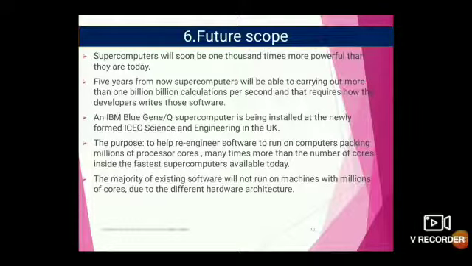Well, what is the future scope of supercomputers? Supercomputers will soon be 1000 times more powerful than they are today. And 5 years from now, supercomputers will be able to carry out more than 1 billion calculations per second. That requires changes in how developers write software. Presently, IBM is developing the Blue Gene Q supercomputer, which is being installed at a newly formed center in the UK.